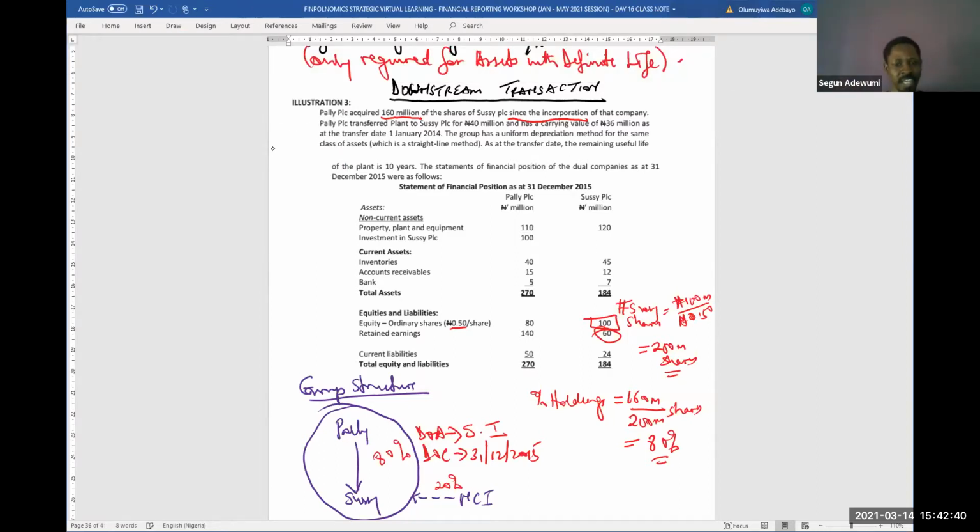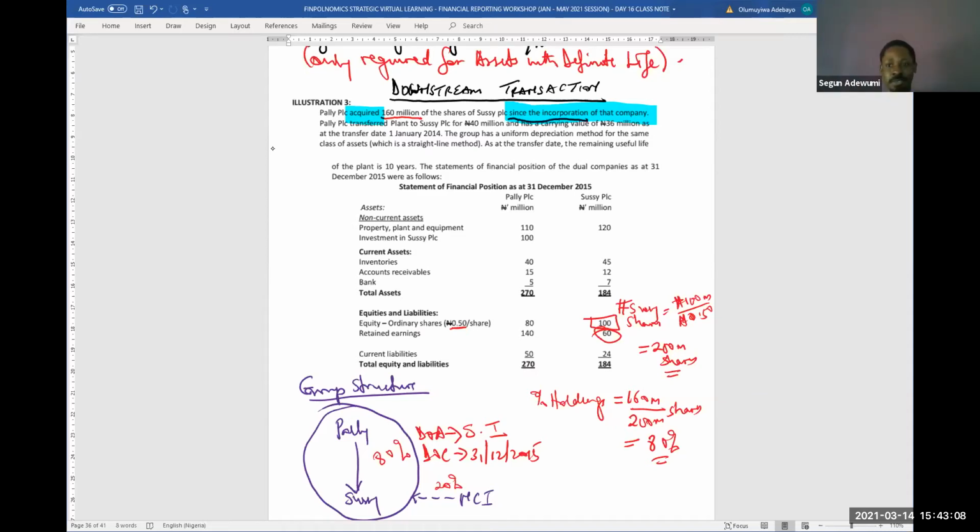It's more likely that the pre-acquisition profits could be zero. Okay. What does this statement stand for? You acquired the company since the incorporation. What does it stand for?